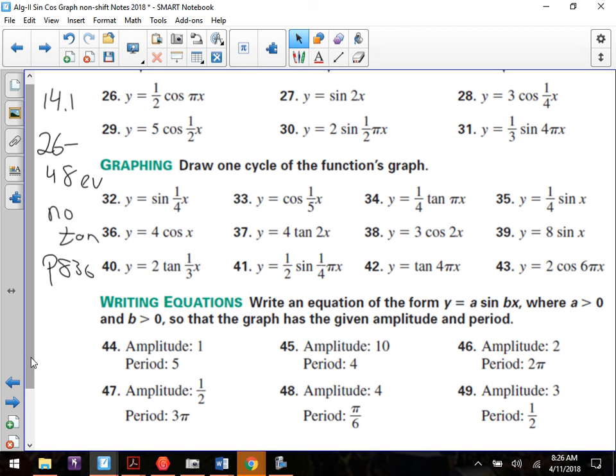We are going to probably do this shift tomorrow and maybe a little bit more of it on Friday. And you did fine with this. Really, all you're doing with shifted ones is you plot everything. You have an H value movement left or right, and then a K value movement up or down. So you'll plot the parent function first, and I want you to see how we list out the ordered pairs.